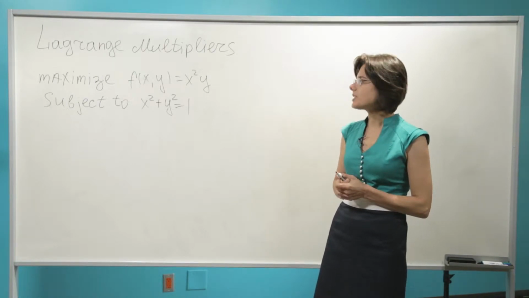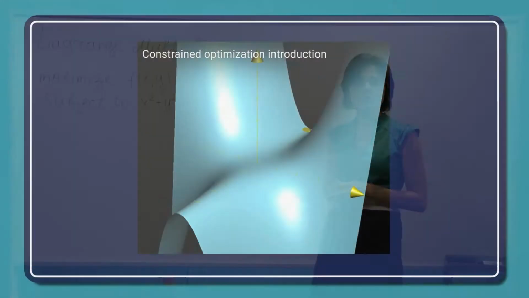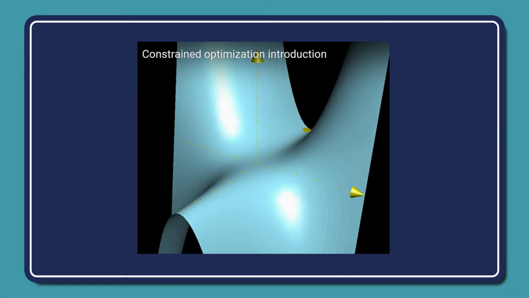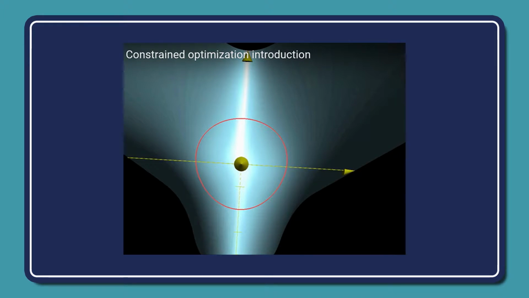Well, in the picture you can see how the graph of the function x squared y looks. This is just a three-dimensional function. Now, how does our constraint look? X squared plus y squared equal to 1 is just a circle on the xy plane. The projection of this circle will be exactly the function subject to the constraint, right?